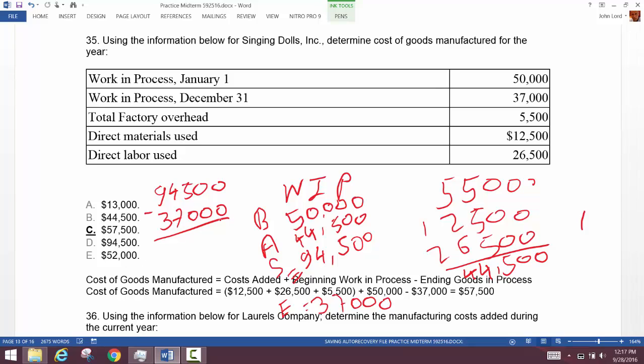Write it in. 57,500. That's the cost of goods manufactured that got out of work in progress and into finished goods, right? Yes. So you can go ahead and write that in as a subtract too. Write it in right there, just put it as the subtract, minus 57,500.